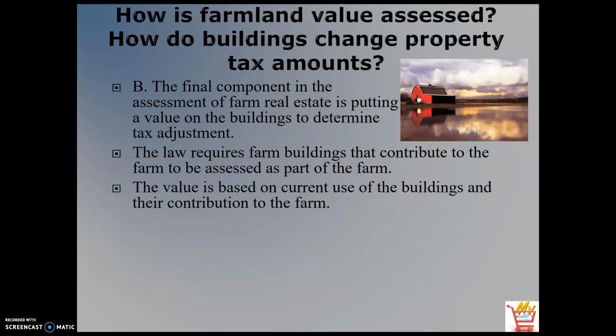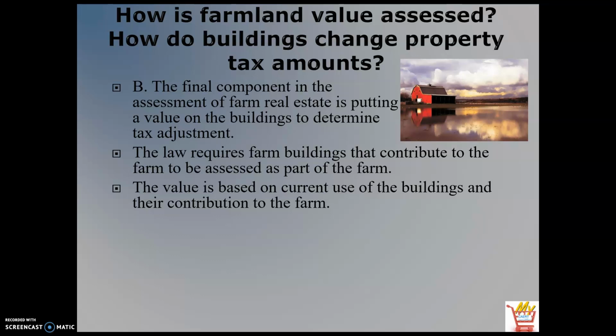So the value is based on the current use of the buildings and their contribution to the farm. So what do they contribute to the farm? For example, grain bins contribute a lot financially to the farm. The ability to store grain contributes a lot to farm income because it allows you to do more with marketing. It allows you to have more flexibility in terms of when you have to sell your grain.